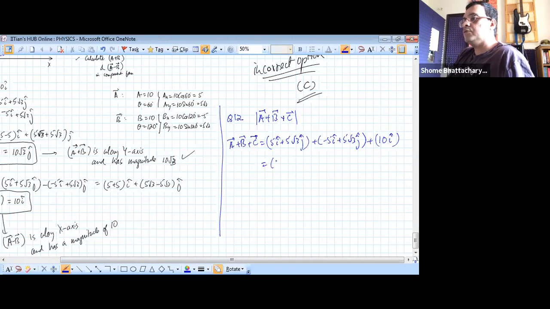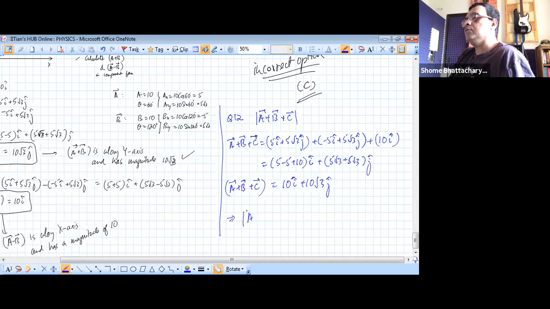So now take i cap common. So we have 5 minus 5 plus 10 i cap and take j cap common. So we have 5 root 3 plus 5 root 3 j cap. C doesn't have a j cap component. So it's 10 i cap plus 10 root 3 j cap. This is becoming A plus B plus C in component form.